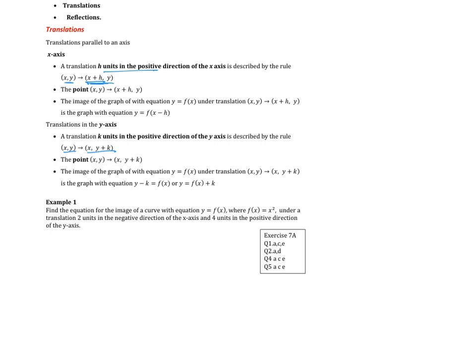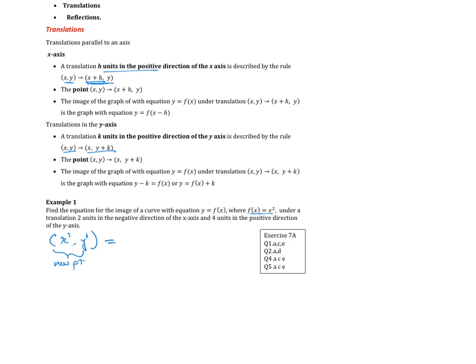So what I mean by that is, if we want to find the image of a curve with equation y = f(x), where f(x) = x squared, under a translation of 2 units in the negative direction of the x-axis and 4 units in the positive direction of the y-axis, we start off with the notation x dash, y dash. All that really refers to is my new point, the new point after I apply these transformations.